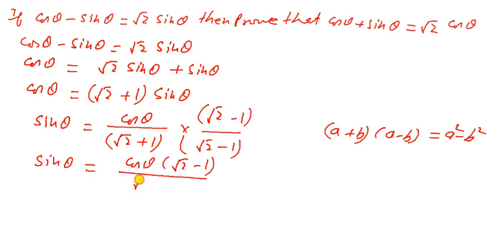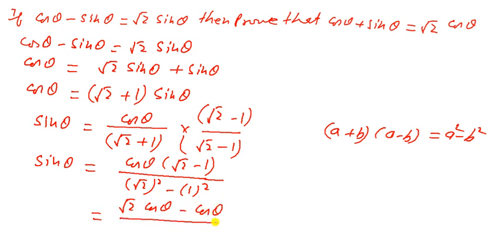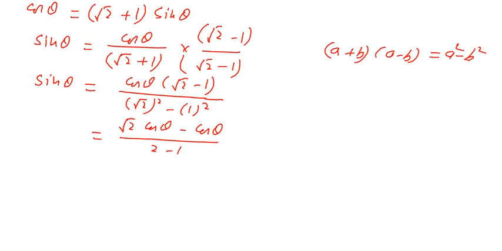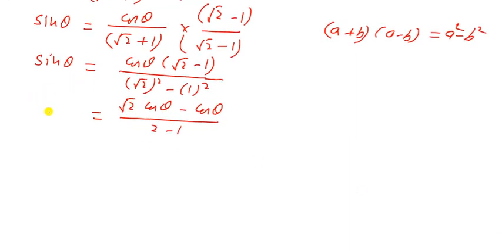Sin theta is equal to cos theta and under root 2 minus 1, and here is under root 2 whole square minus 1 whole square. So in that case, multiply inside, it is under root 2 cos theta and minus cos theta, and here is 2 minus 1. 2 minus 1, that is 1. So we can put here 2 minus 1 as a 1.